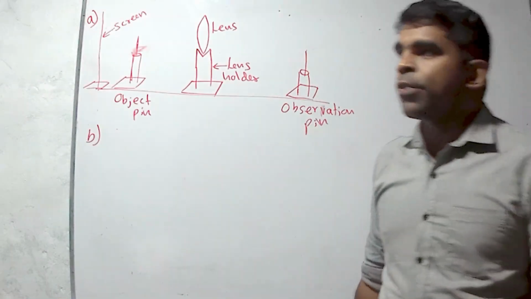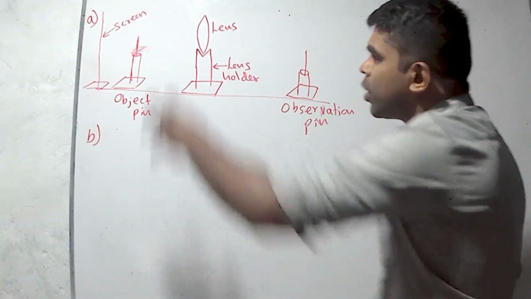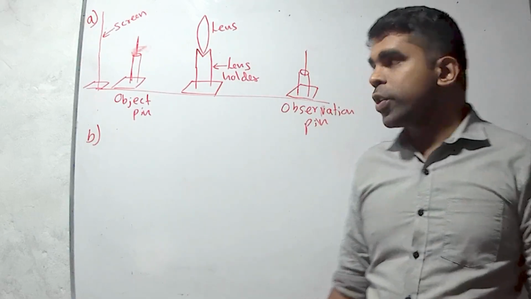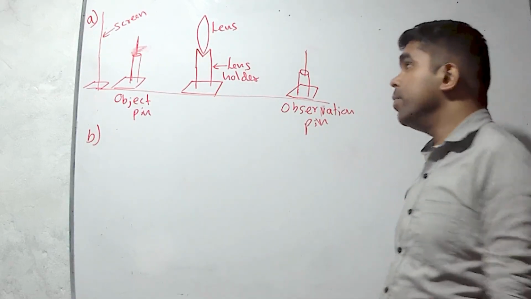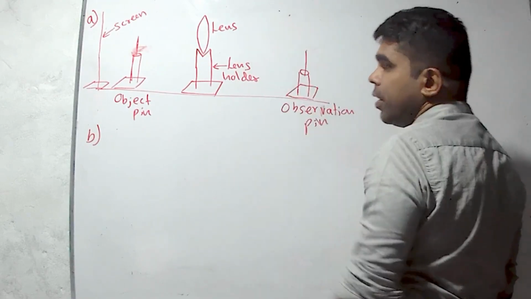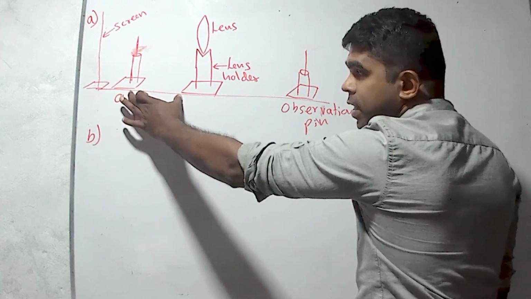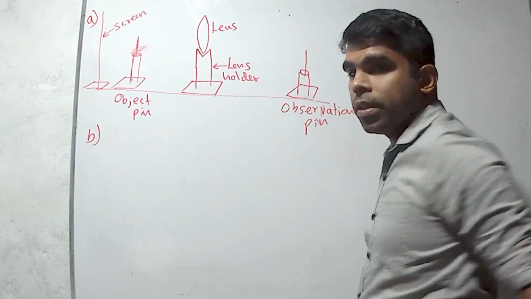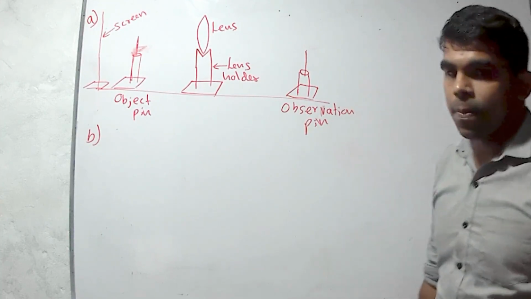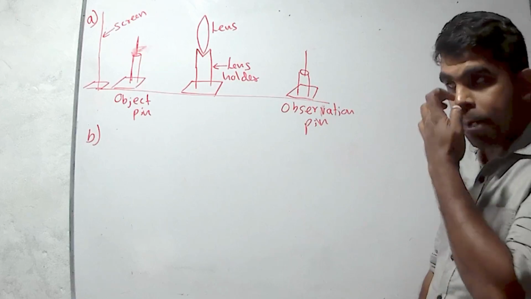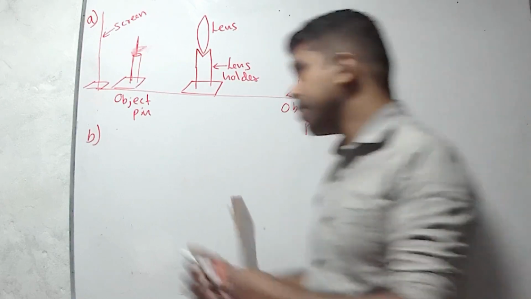First of all, we have to find the approximate focal length of the lens, because we can observe a real image only for object distances which are greater than the focal length. Therefore, we have to know the approximate focal length.